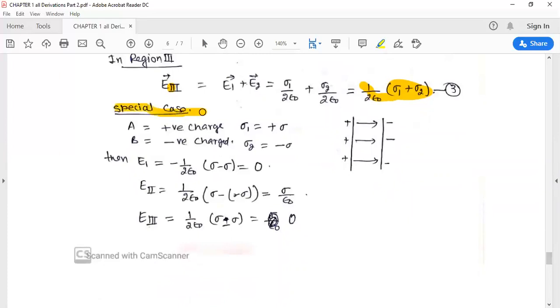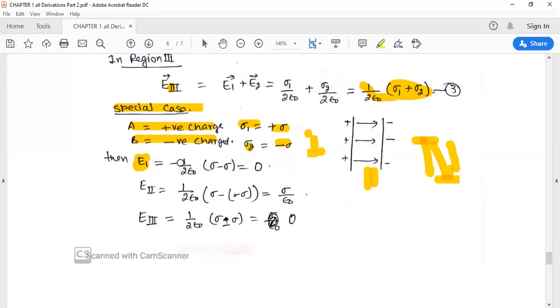Now there are some special cases. Suppose there are two plates A and B. A is positive charge, and this time B is negative charge. So we can say sigma 1 equal to plus sigma, sigma 2 equal to minus sigma. Then the electric field intensity in region 1, this is region 1, this is region 2, and this is region 3 as earlier.